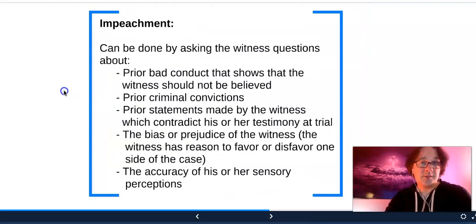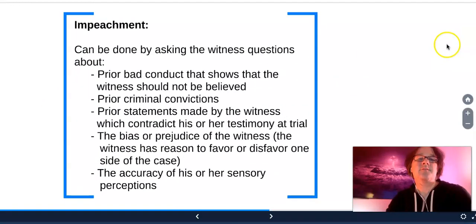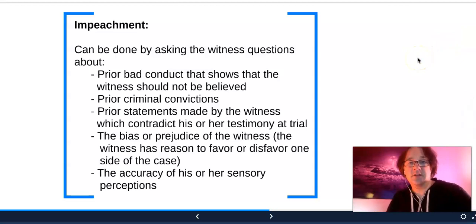When it comes to impeachment, so impeaching a witness, it can be done by asking the witnesses questions about prior bad conduct that shows that the witness shouldn't be believed, right? So prior criminal records, perhaps. So prior criminal convictions. You could also ask about prior statements made by the witness that contradict his or her testimony at the trial.